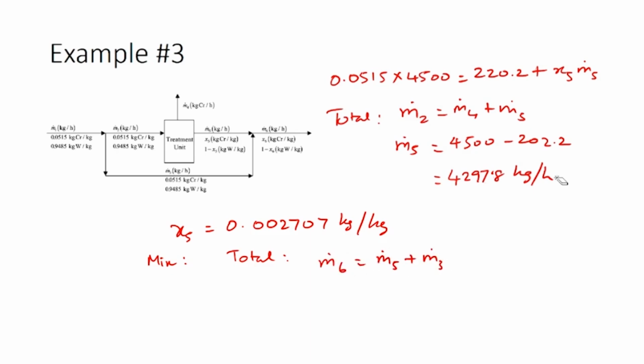We already know that M5 dot is 4279.8 and M3 dot is 1500 kilograms per hour. Using this we can calculate M6 dot as 5779.8 kilograms per hour.